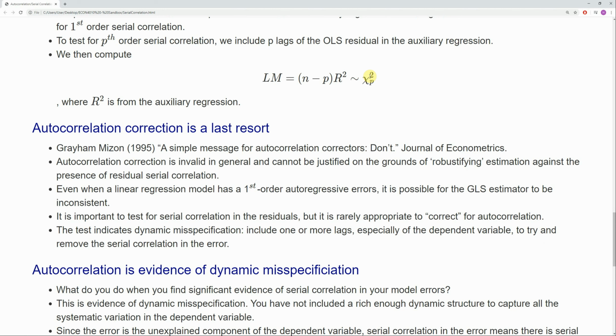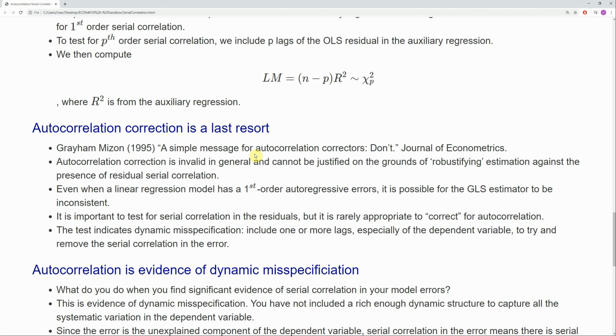Similar to that, we have corrections for autocorrelation, but we have this message from Grayham Mizon that, in an article in the Journal of Econometrics back in '95, he says a simple message for autocorrelation correctors: don't. Similar to what we said in heteroskedasticity, we don't suggest that. We want to use the information that we have in our data as best we could in order to avoid problems. Similar to heteroskedasticity, we're going to do the same thing with autocorrelation.